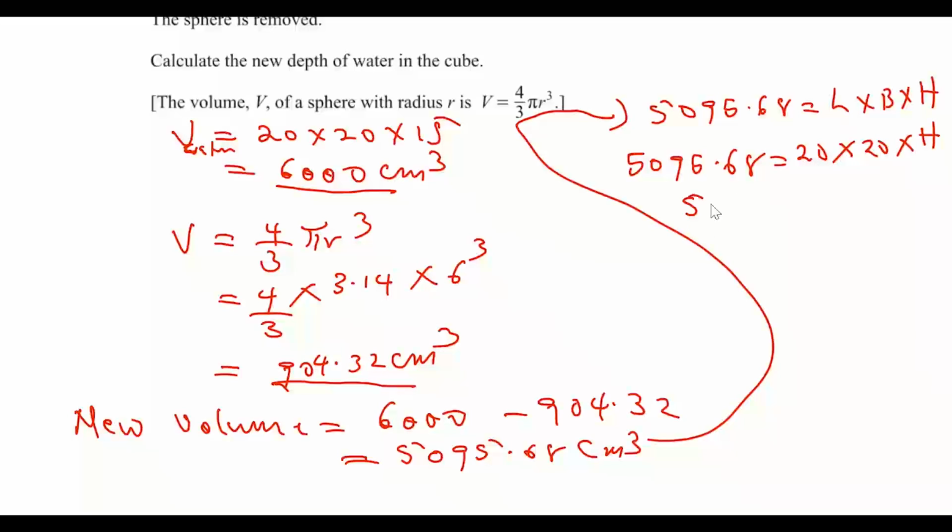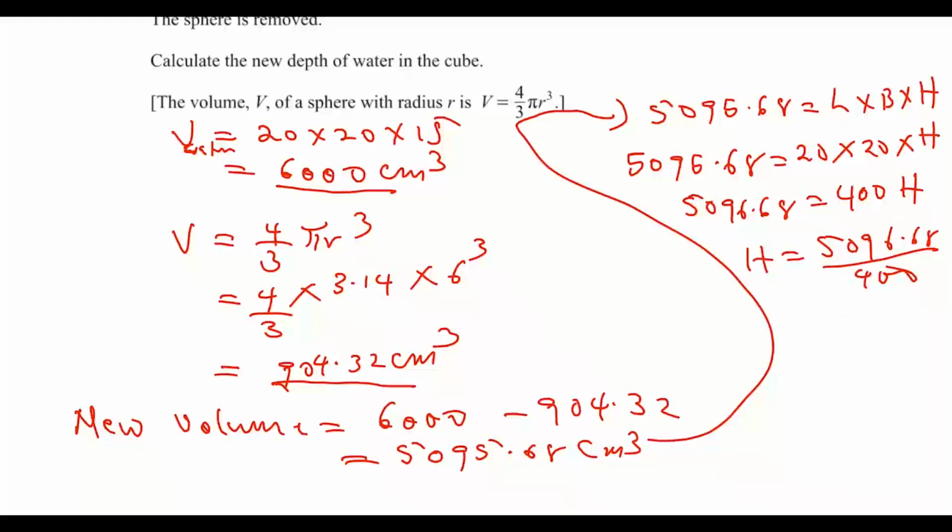So we have 5095.68 to be equals to 400h, and h is now equals to 5095.68 divided by 400, and the height is equals to 12.7. So that means the new depth will be equals to 12.7 centimeters. So that is how to deal with that.